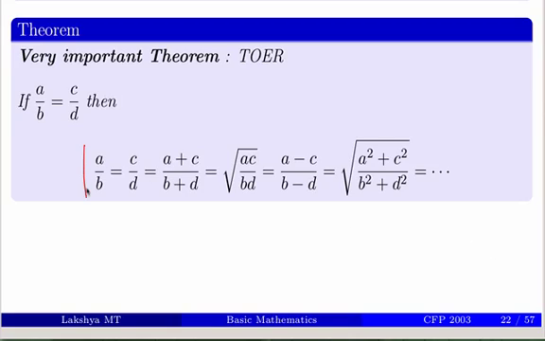So if a by b is equal to c by d are two equal ratios, then you can add the numerators and denominators, or multiply, then take the square root, subtract, or take squares, and hence you can create so many of these. So this is given. Without this, if you don't have two ratios which are equal, then you cannot apply the theorem on equal ratios. That is obvious, right? Okay. So let me proceed further.